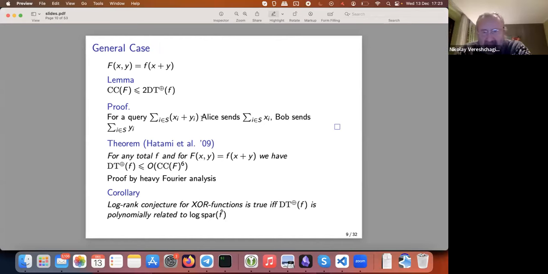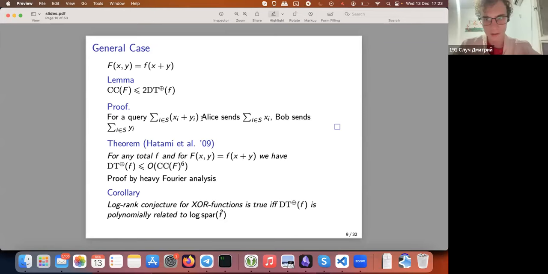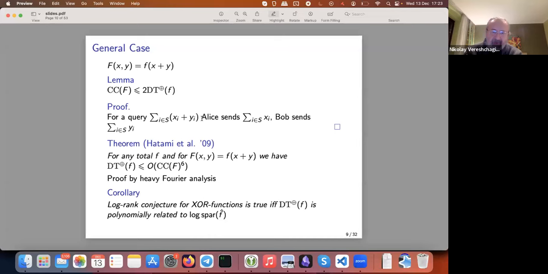I do not remember, is it so open, the log-rank conjecture for XOR functions? I'm not sure, but I thought that yes. Yes, it is. So your main topic is the log-rank conjecture for XOR functions, and now you reduced it to that conjecture.